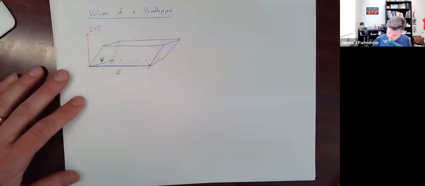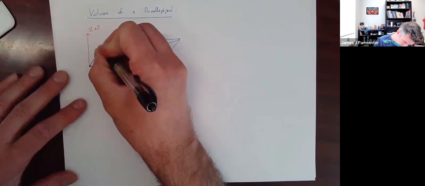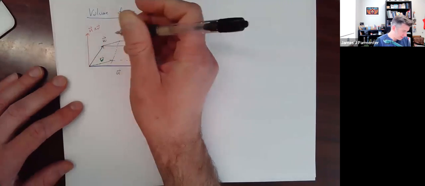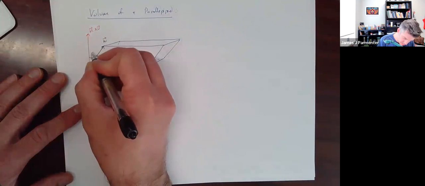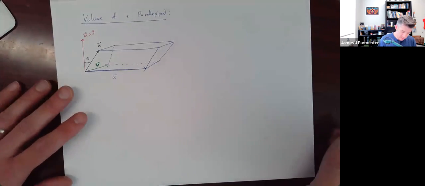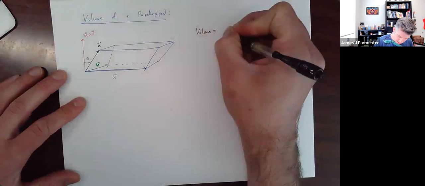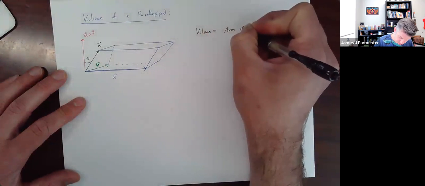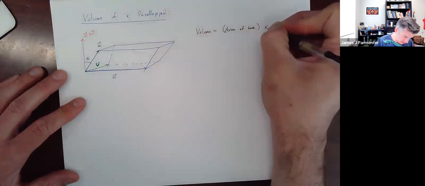And let's call this vector here w. We're going to look at the angle between w and u cross v. So the volume here is going to be the area of the base times the height.